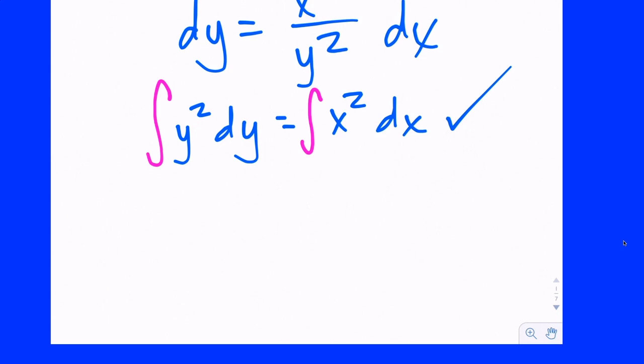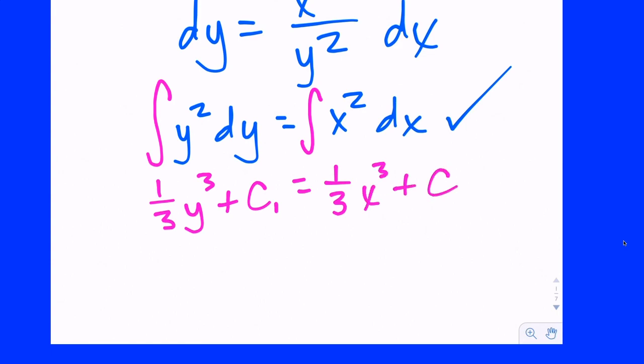We don't have to do implicit antidifferentiation. So what would be the antiderivative of y squared with respect to y? 1/3 y cubed, and then, of course, plus c. Now, I'm going to put plus c sub 1, so we don't have to use two different letters. We use subscripts instead. On the right side, x squared becomes 1/3 x cubed plus c sub 2.